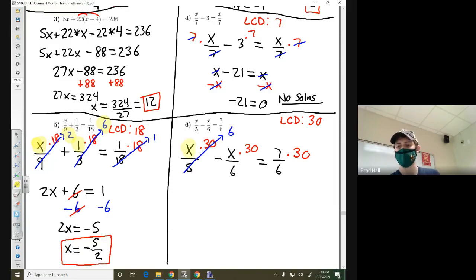We have an x left over and a 6 left over. So that'd just be 6 times x. All right, let's do the next one. There's a minus sign. 30 and 6. Well, 6 goes into 30 5 times. An x left over and a 5 left over. So 5x.